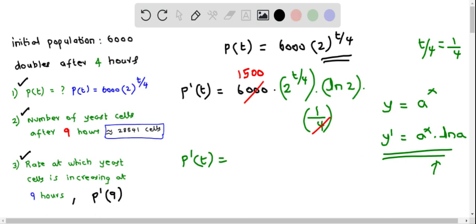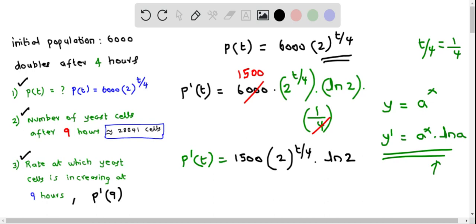So this is 1500 times 2 raised to the power of t by 4 times the natural logarithm of 2. This is the expression for the derivative of the p of t function, which represents the number of cells after t hours.